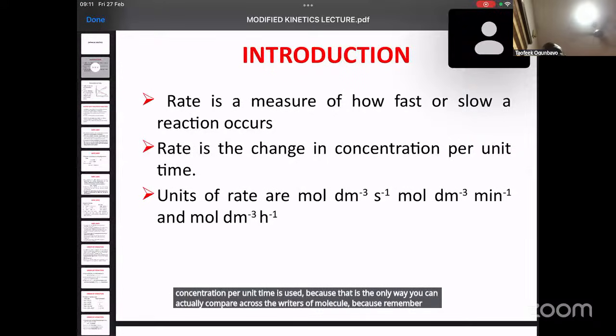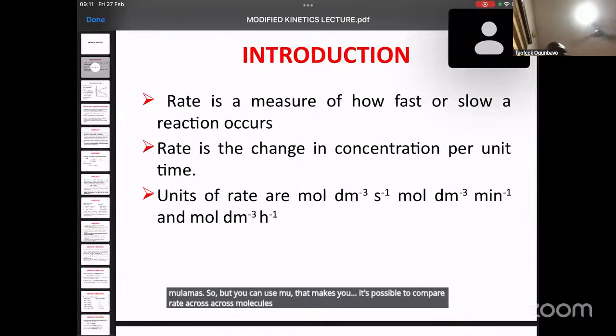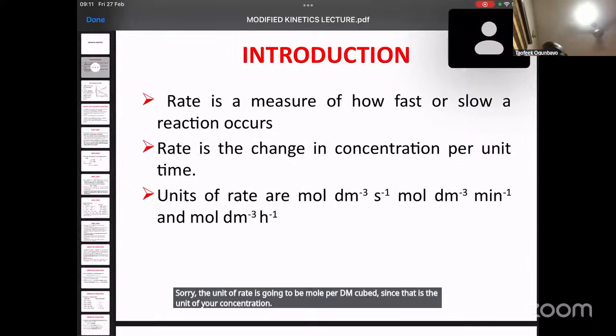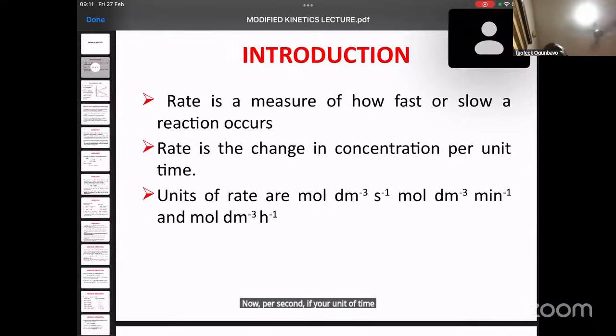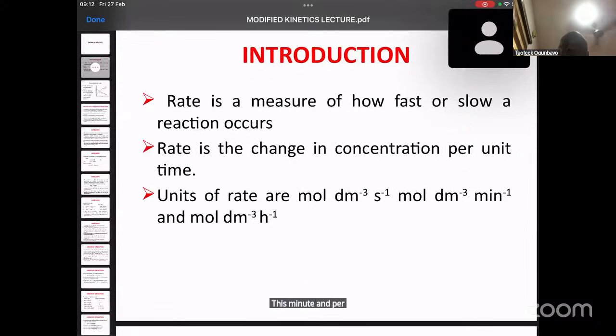Remember, individual molecules have different molar mass. You can use mole, which makes it possible to compare rate across molecules; we'll talk about the problem with that also. So the unit of rate is going to be mole per dm cube, since that is the unit of your concentration, per second if your unit of time is second, per minute if it is minute, and per hour if it is an hour.